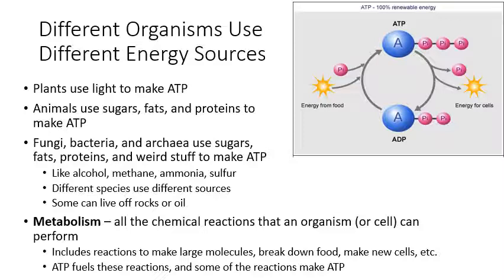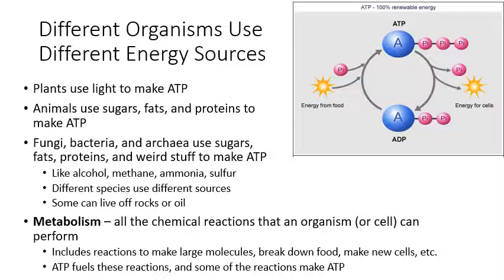They also will use ATP to build new molecules in the cell, so building new proteins, building new DNA, and of course, if a cell is going to divide, it needs to make more of all of its structures. It needs to double its size, and then it can divide. That process is powered by ATP as well. So ATP is really central to all of the processes in a cell that let it be alive.